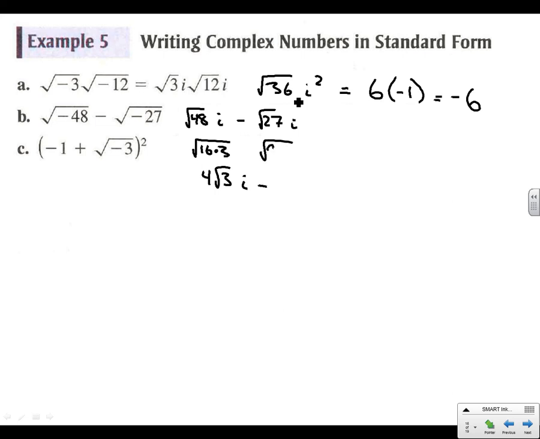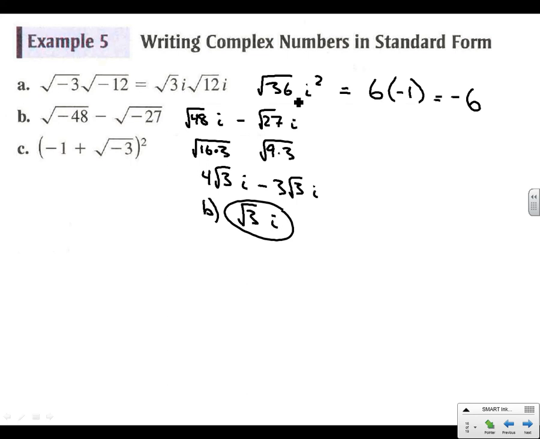That can be 9 times 3, so it's going to be 3 root 3 i. And so the final answer, 4 minus 3, is going to be 1 root 3 i. That was B.